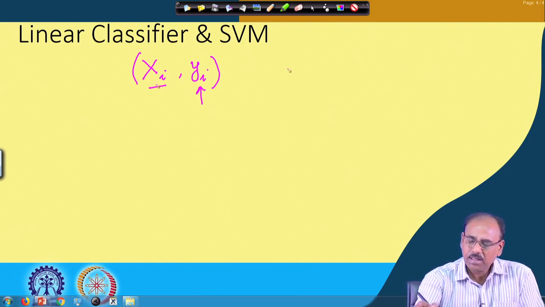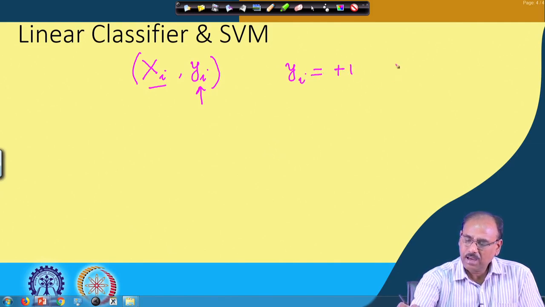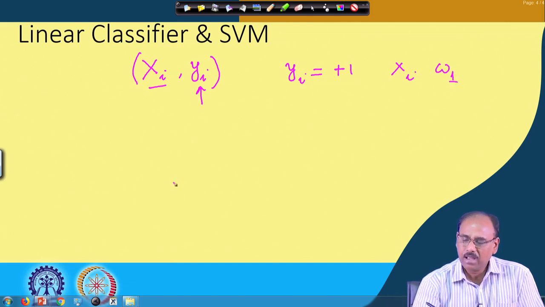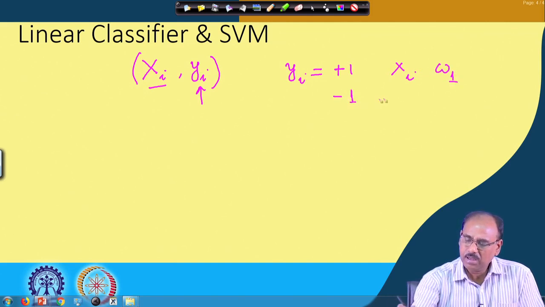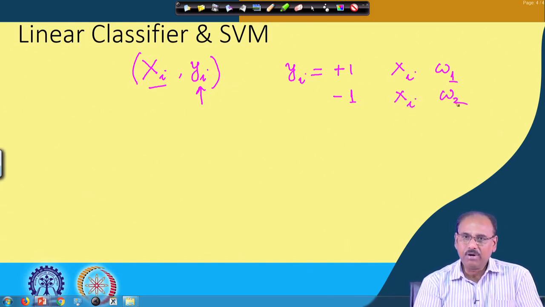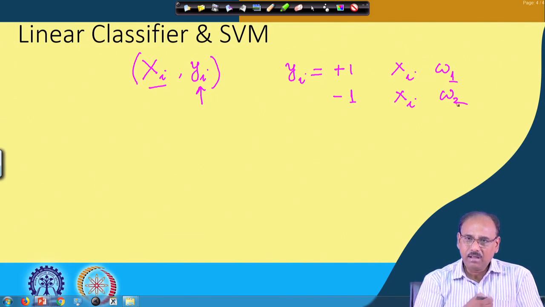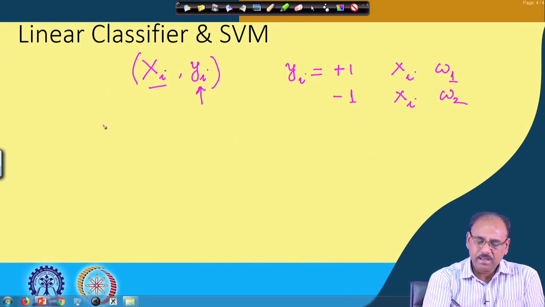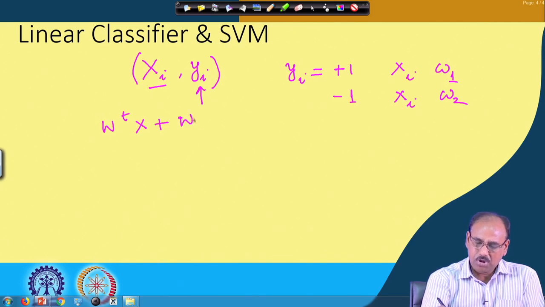We assumed that yi is plus 1 if xi is taken from class omega 1 and yi is minus 1 if xi is taken from class omega 2. And accordingly, we could have a single, unified classification rule, which we said is of the form W transpose x plus W naught.